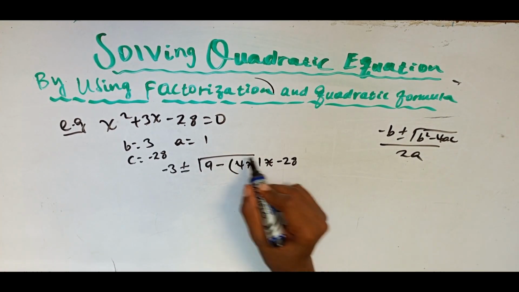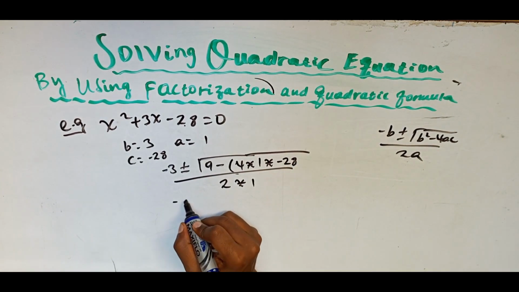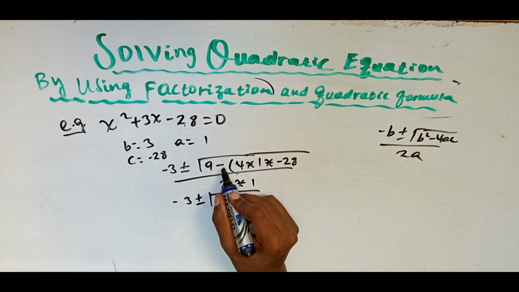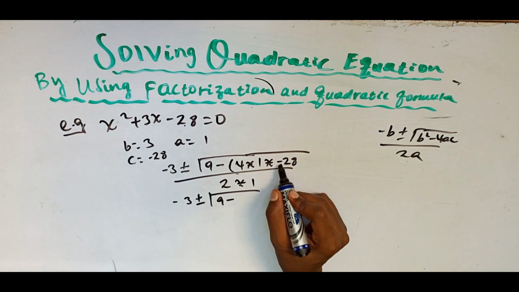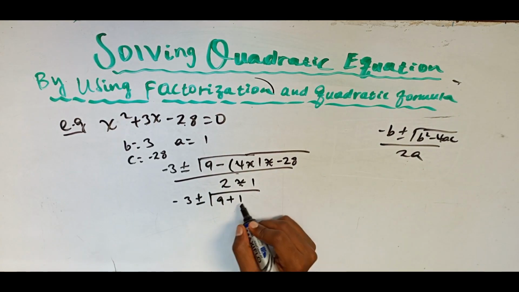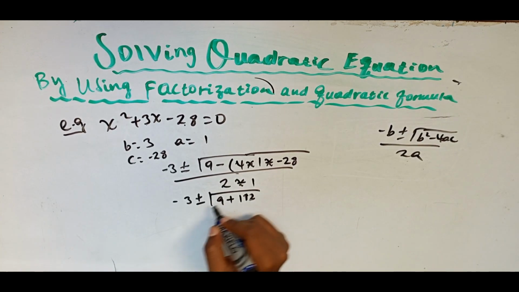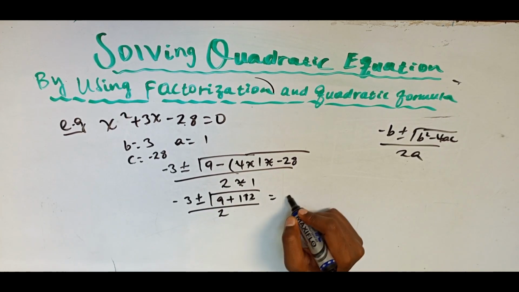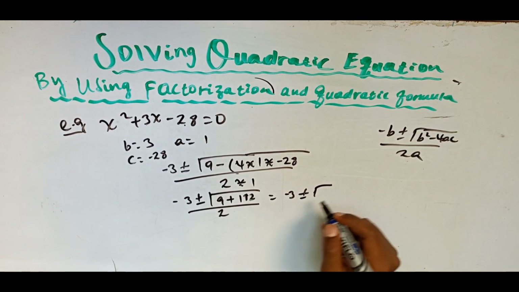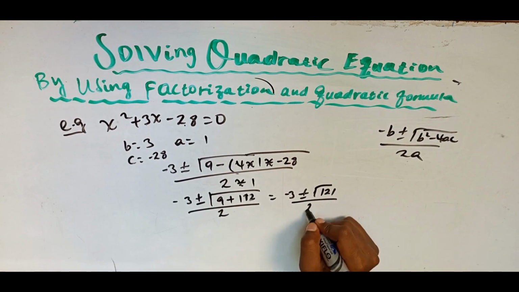Minus 28, over 2 times 1. Which is minus 3 plus or minus under radical of 9 minus minus plus 4 times 28, which is 112. So we have to add this one over 2, which is minus 3 plus or minus under radical of 9 plus 112, which is 121, over 2.